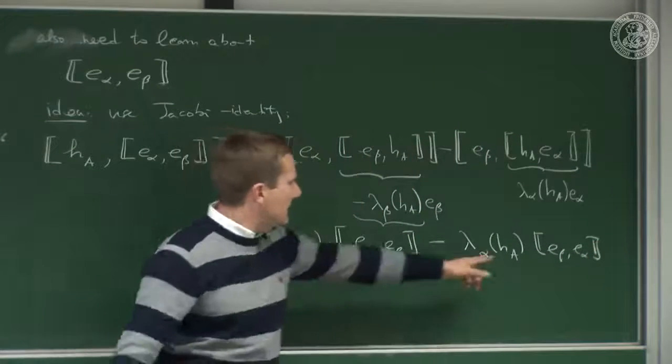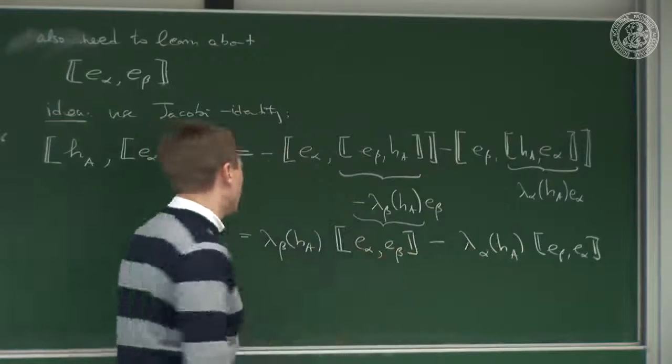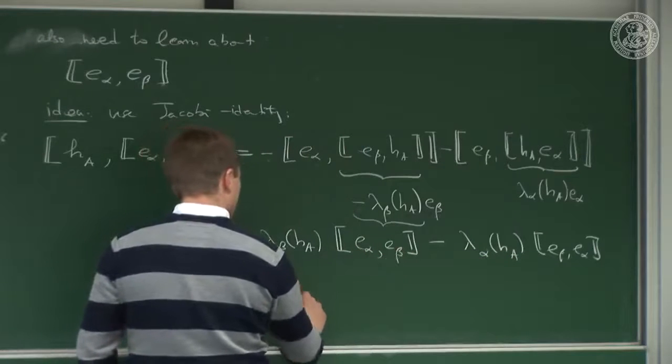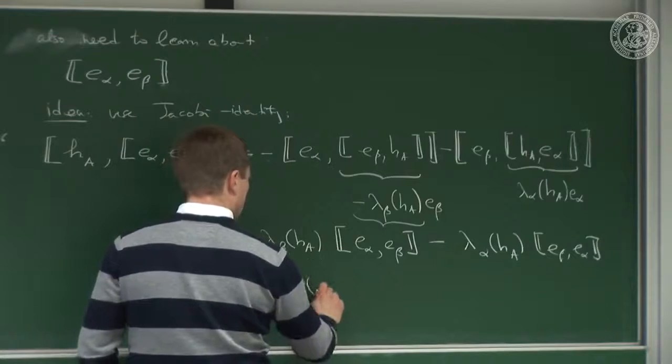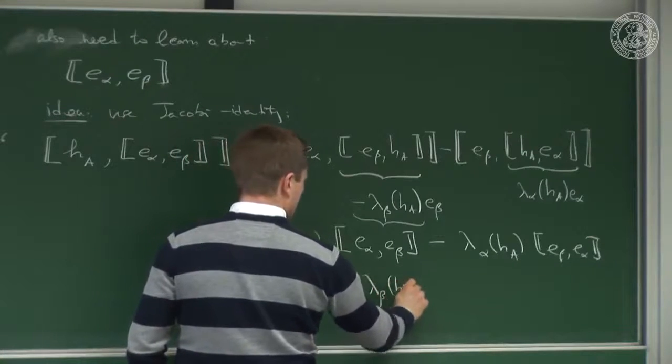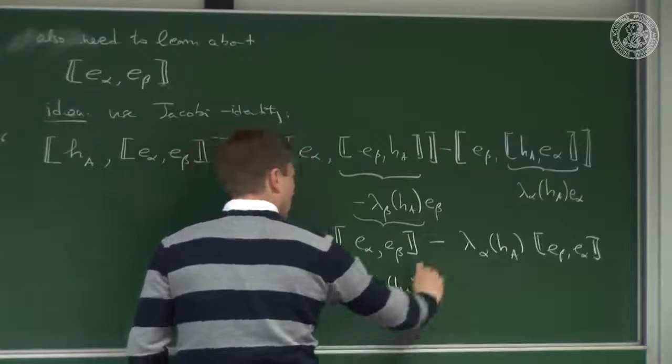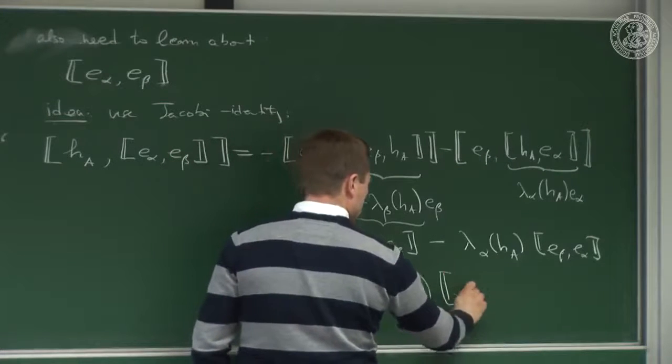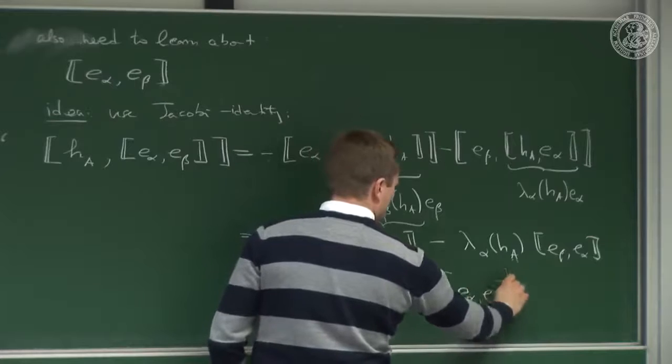But of course, [E_beta, E_alpha] is just minus [E_alpha, E_beta]. So in total, we have lambda_alpha of H_A plus lambda_beta of H_A, bracket, is the factor that goes with [E_alpha, E_beta].